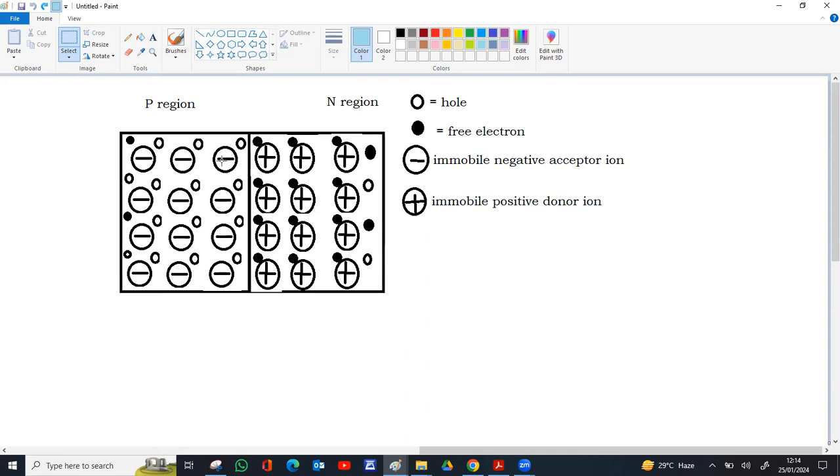Similar to that, the negative ions and holes are formed according to the number of dopants added. So each negative ion, the group 13 atom, creates one hole. Other than this, there are a few free electrons and holes formed due to thermal excitation.